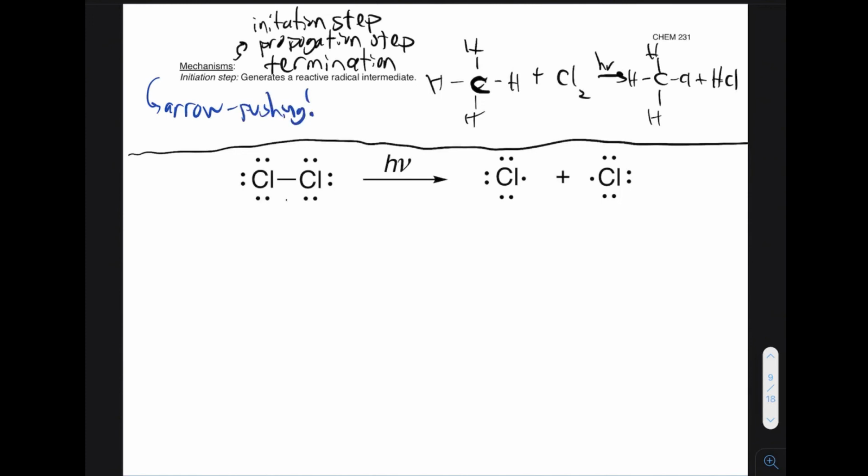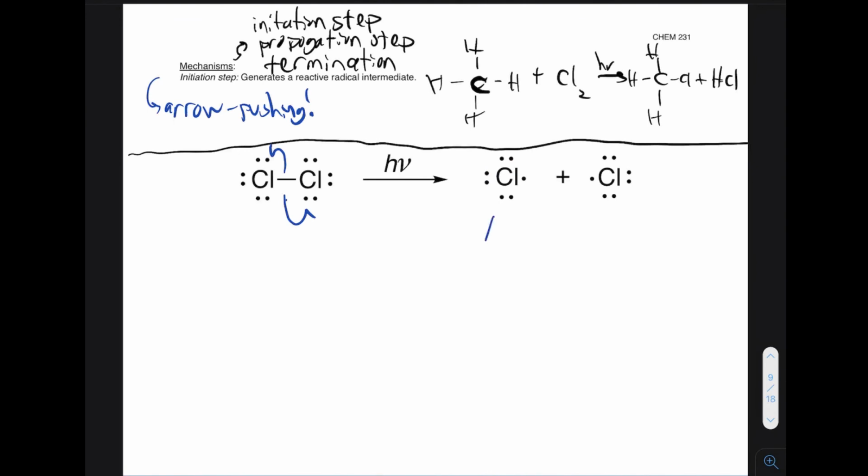We get the homolytic cleavage of the Cl2 bond, right? And again, we're using single-headed arrows to denote that one electron is moving from its origin, right? So we have two electrons in a covalent bond. One electron is moving onto one chlorine, and the other electron is moving onto the other chlorine. So we have our two radicals here. We don't need to show lone pairs for these, but I'm including them all so you can see what's happening, right?